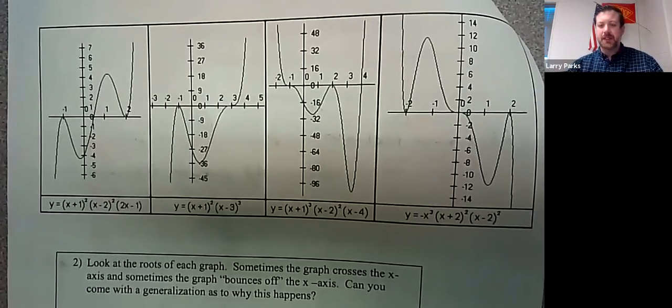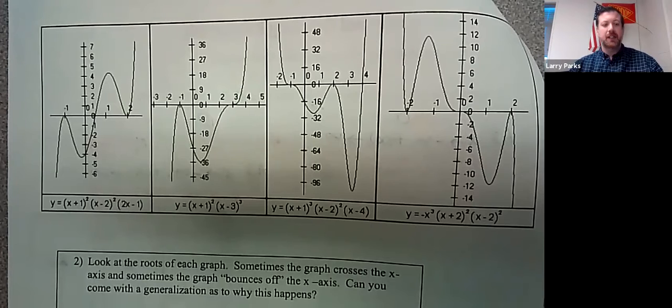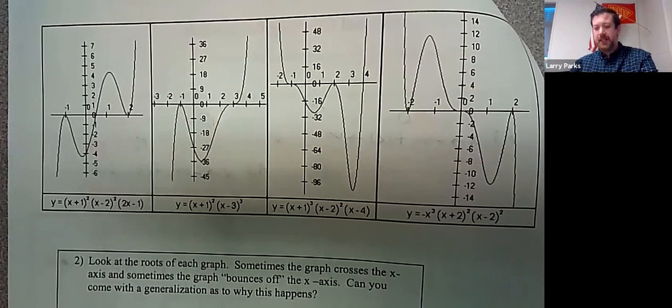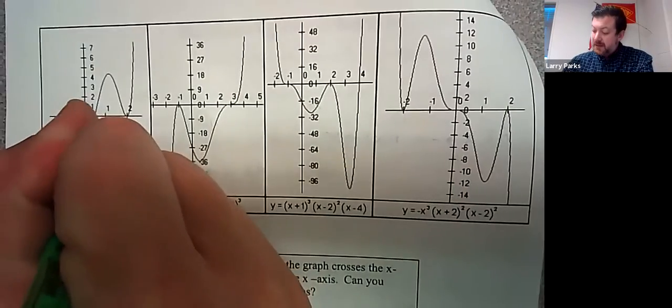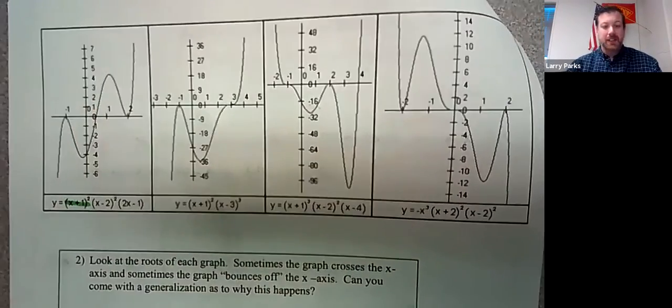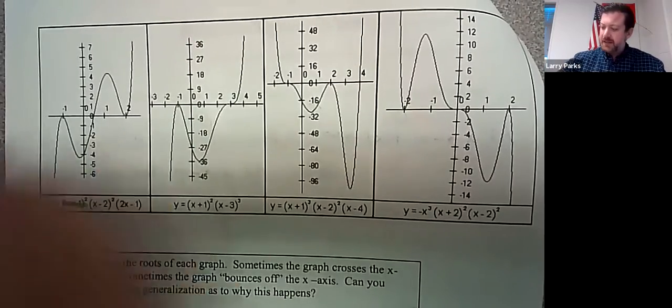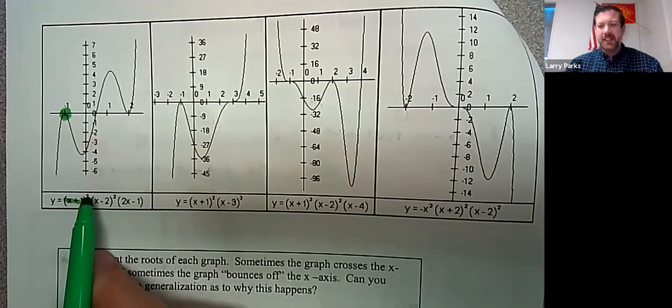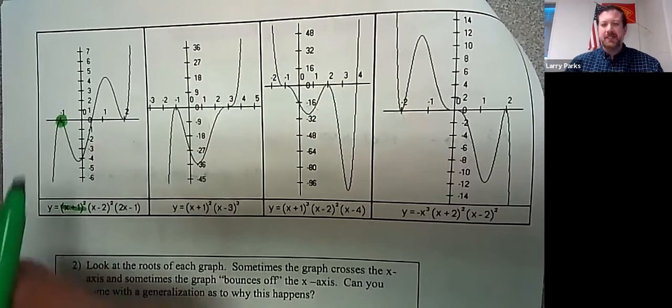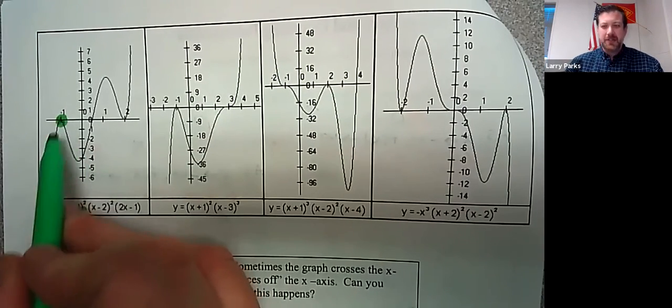And then here's some more examples. This is really what I want you guys to see: this one has a solution at -1. See how that's an even degree? Anytime it's an even degree, it comes up, touches, comes back down.